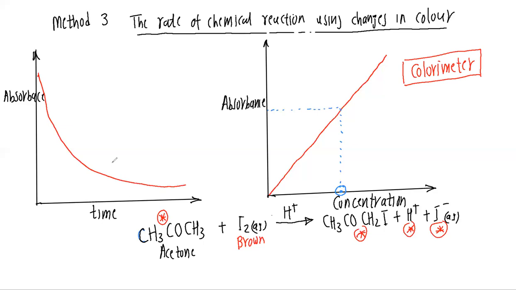But you may ask the question, how does it matter to us? Because using the absorbance, we cannot find out directly the rate of reaction. But obviously, you people are smart enough to ask this question. But again, we are smart enough to understand that we already have a calibration curve.